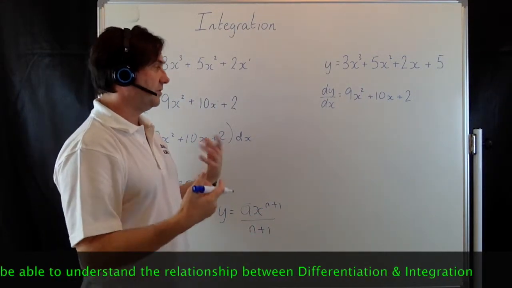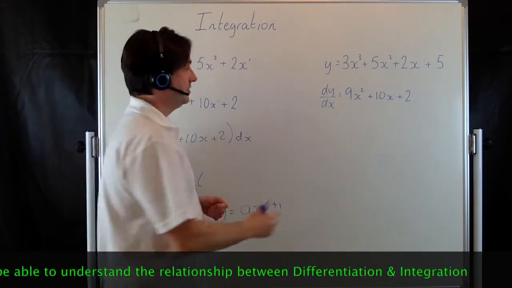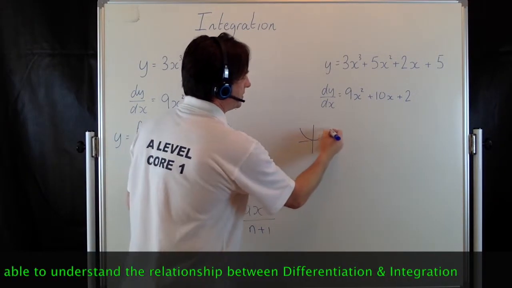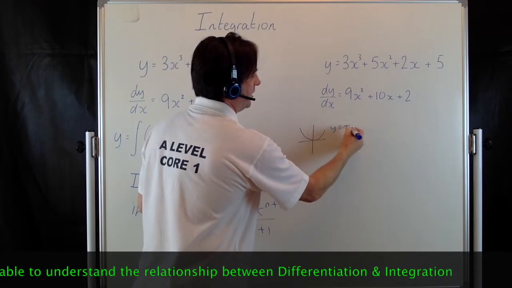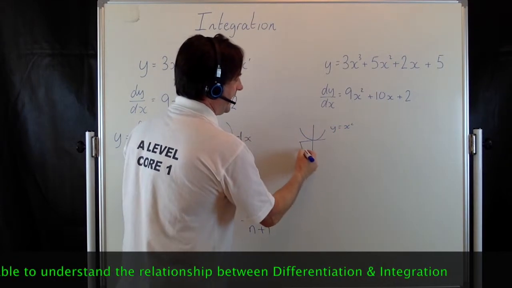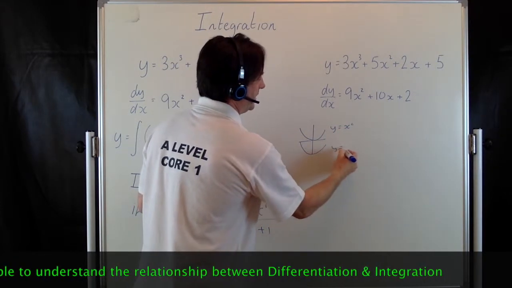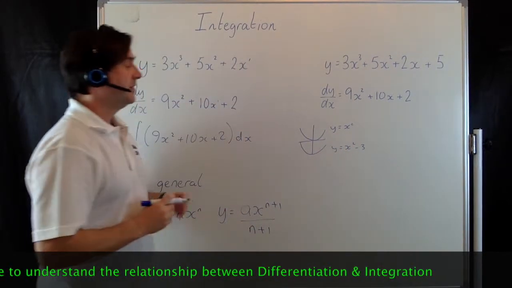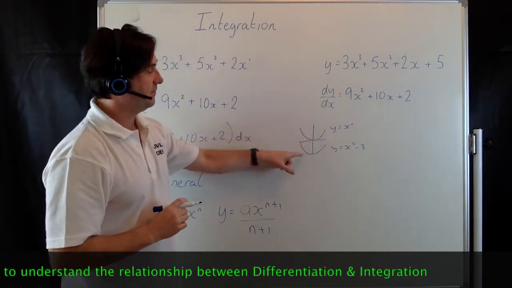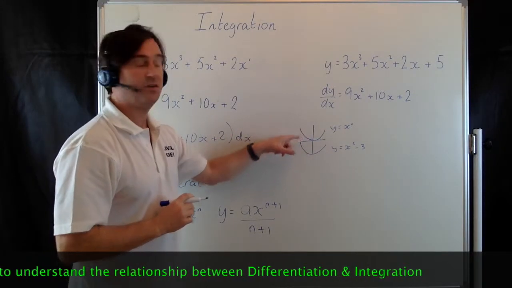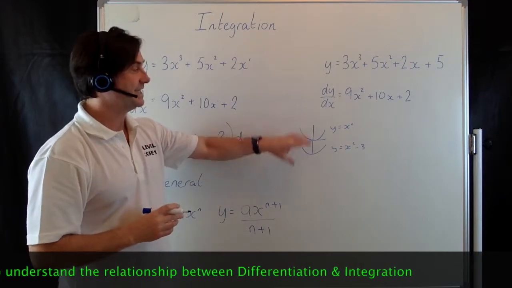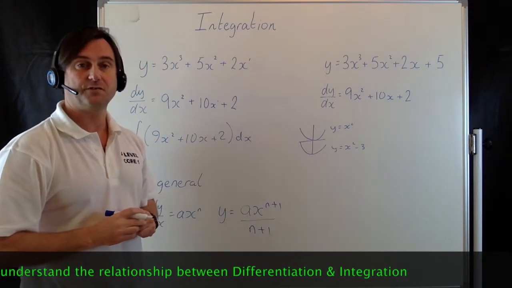Well, if you remember from differentiation, let's just do a little sketch here. If I have, for example, the graph of y equals x squared, and the graph of y equals x squared minus 3, then the gradient of both these graphs at any point on that curve would be the same. The gradient function is the same for both of those two curves.